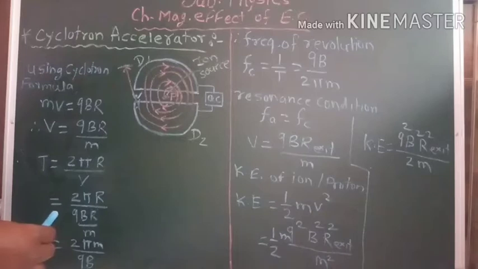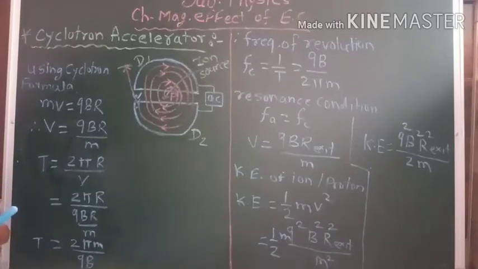That is the alternating frequency, denoted by f_a, of the 10,000 volt voltage, that is 10 megahertz.